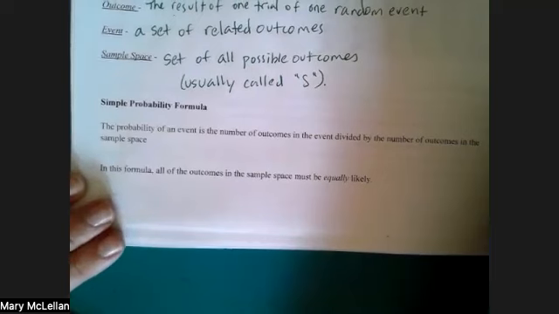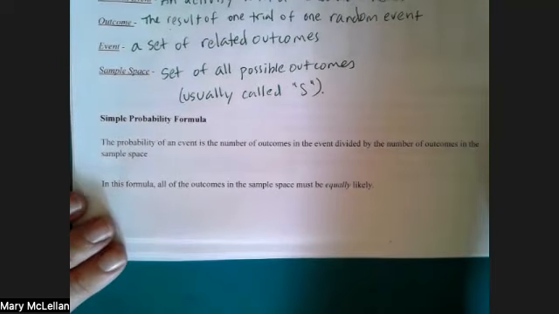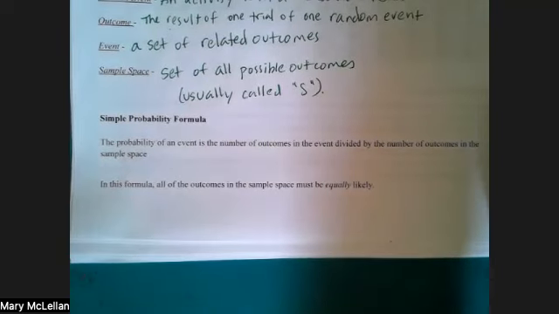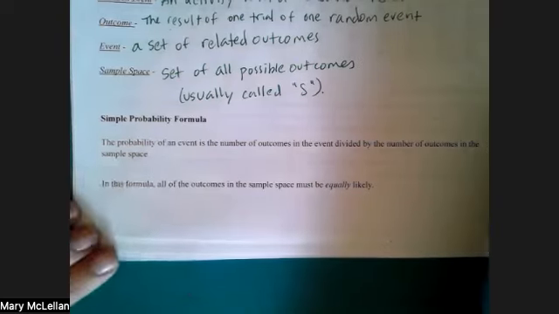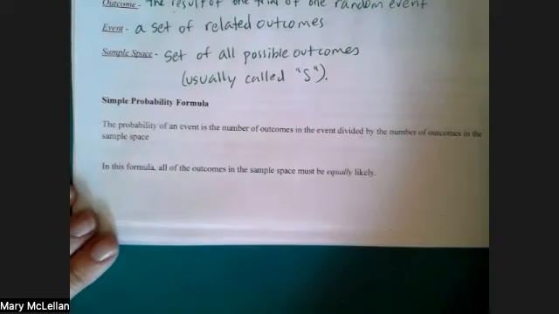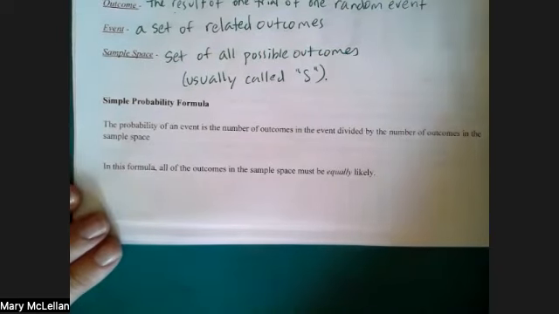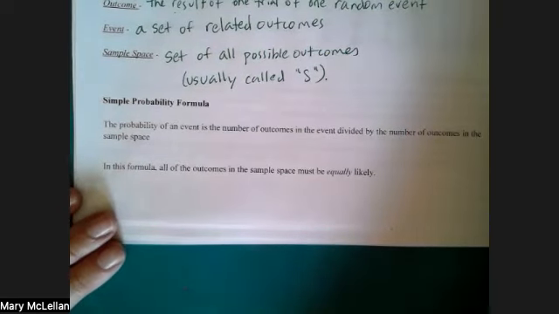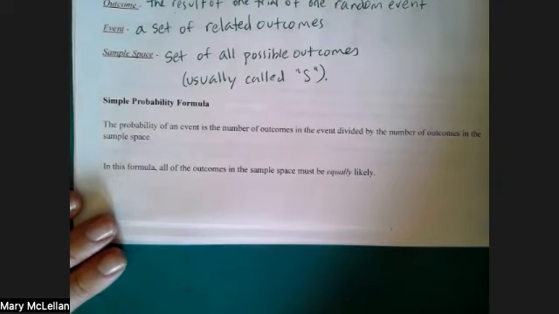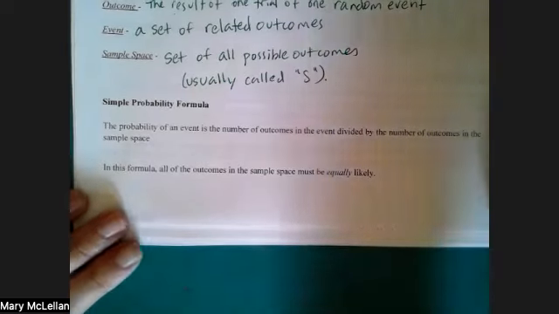And we have our classic probability formula. The probability of an event is the number of outcomes in the event divided by the number of outcomes in the sample space. So in this formula, all outcomes of the sample space are equally likely.